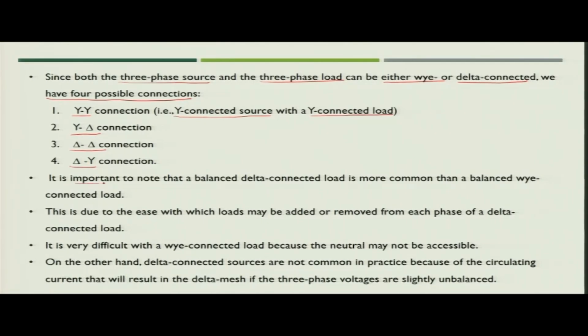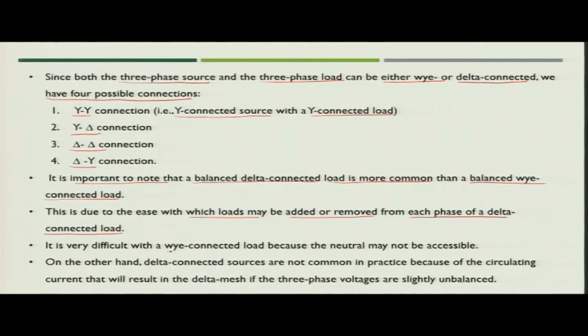Now, it is important to note here that the balanced delta connected load is more common in the network than the balanced Y connected load, because it is easy with the delta connected load that you can add or remove the load from each phase of the delta connected load.